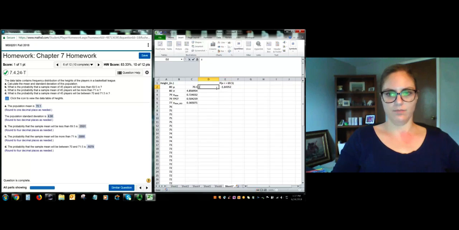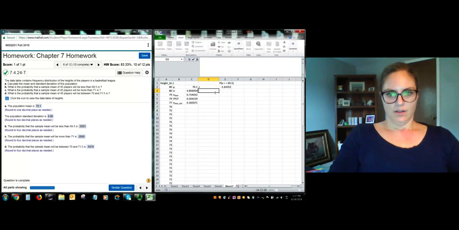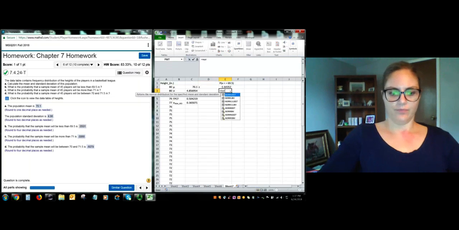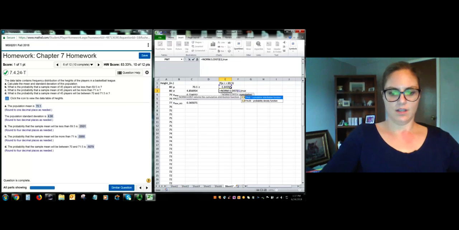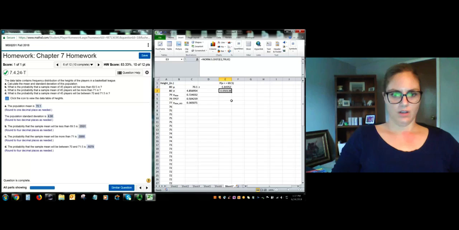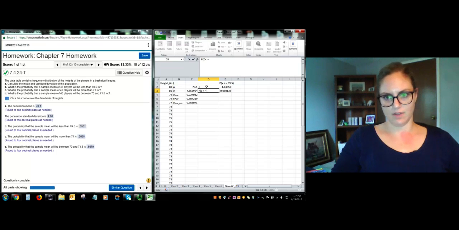This is the z-score. Now find the probability of that z-score, given by NORM.S.DIST, in this case with cumulative true. We want the probability that z is less than or equal to negative 1.64352.